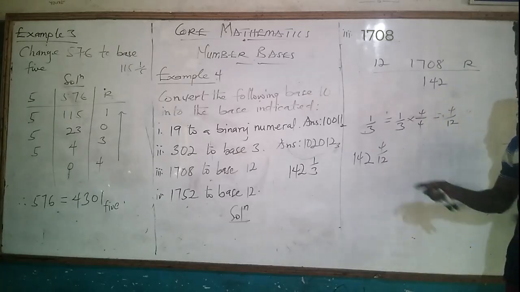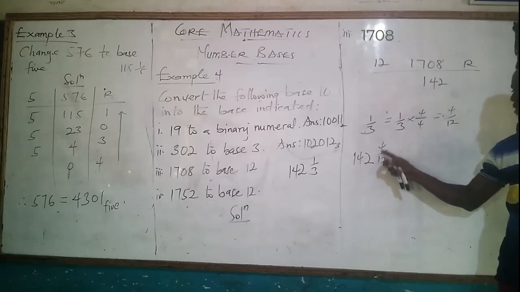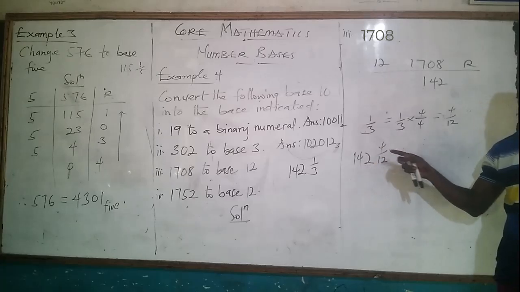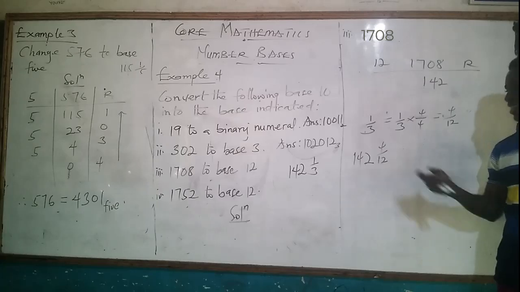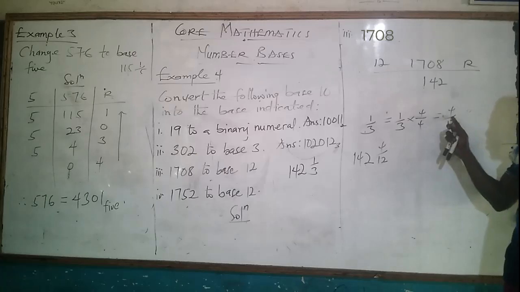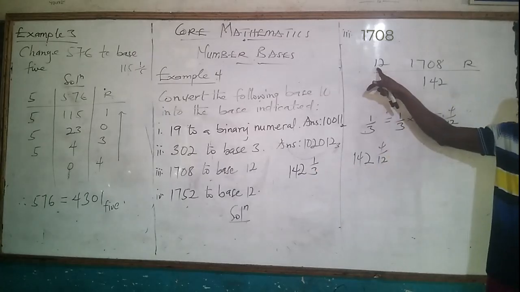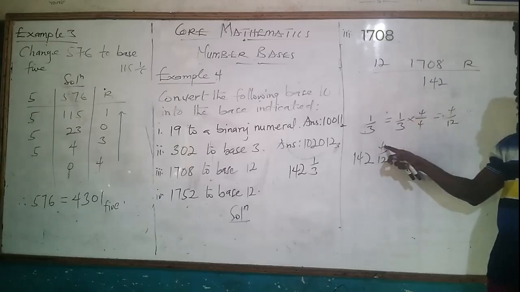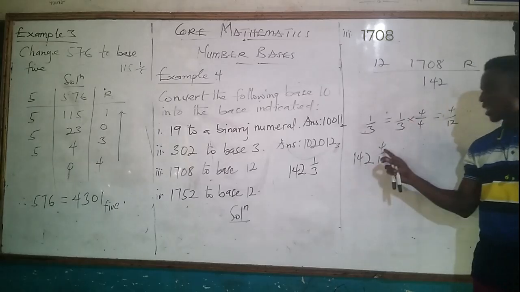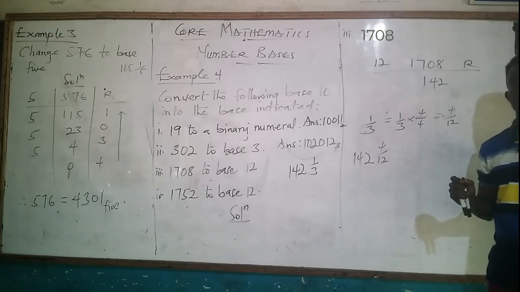When you are doing it manually you get this, but the calculator simplifies it to the simplest form, since 4 can go into both. But we needed the 12 because our base number is 12. So now you see the remainder, which was 1 here, has changed to 4. This is the correct remainder.